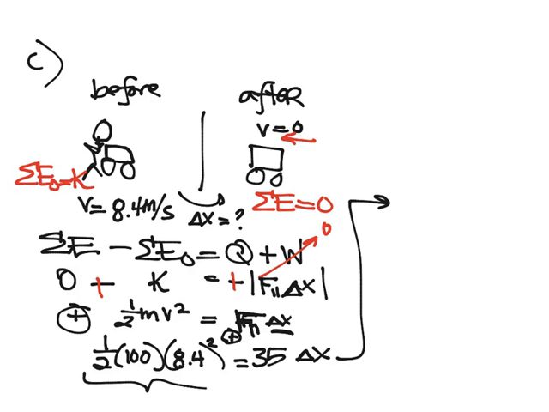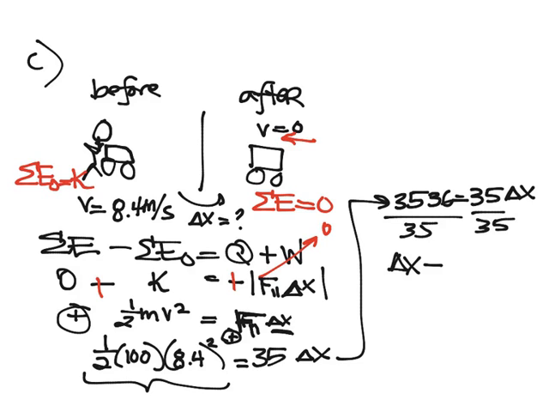We have 1/2 times 100 times 8.4 squared, and we get 3536, and that is equal to 35 times delta x. We divide both sides by 35, and we end up with delta x equal to 101.02 meters.